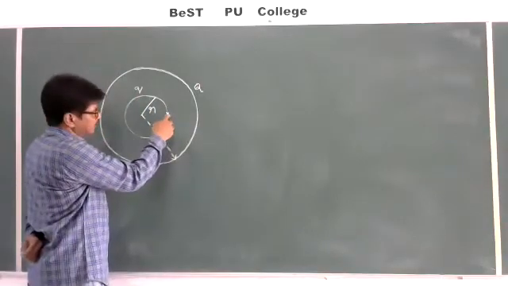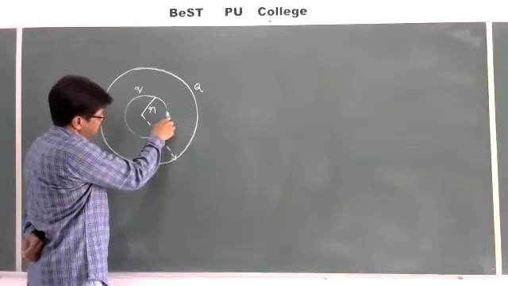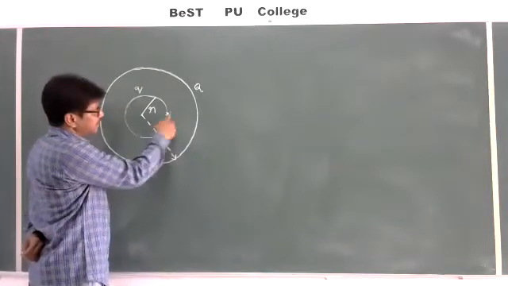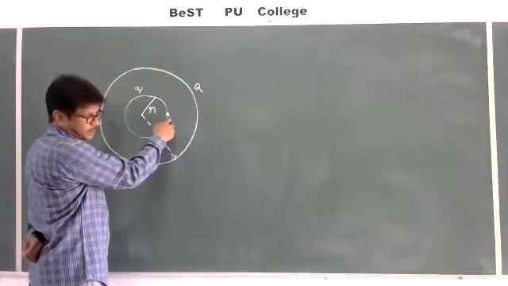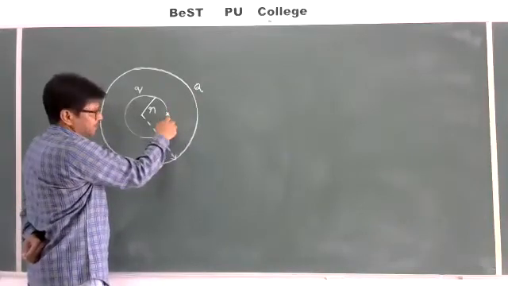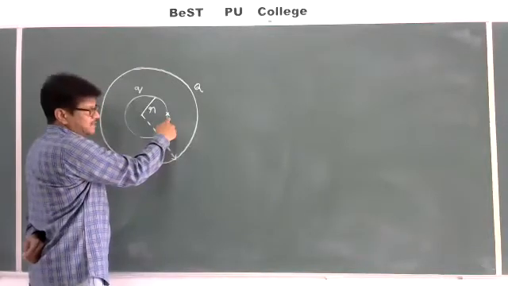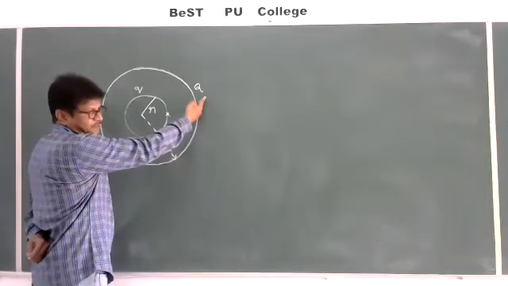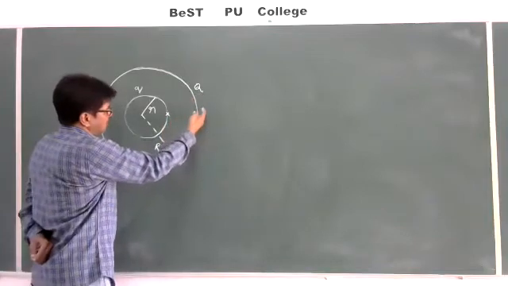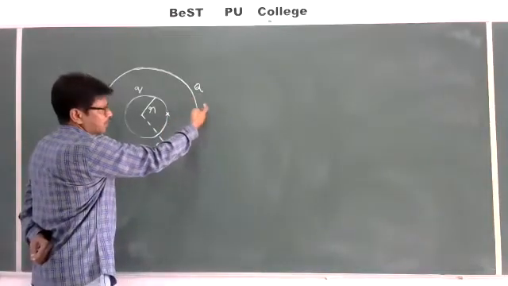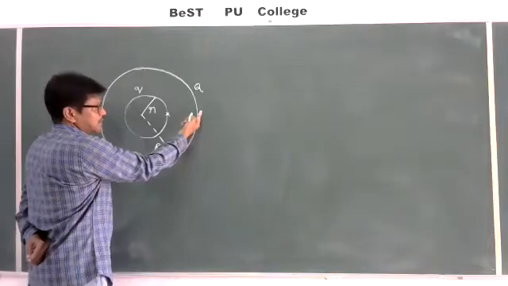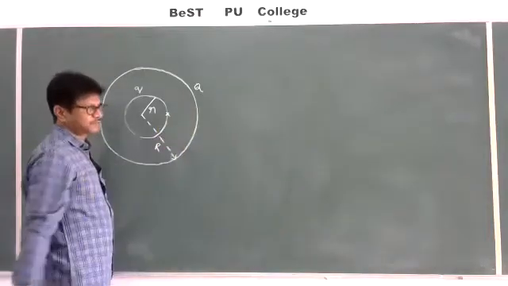But this point is inside the sphere, and the potential inside the sphere is constant and the same as that on the surface. How much potential will be there on the surface of the outer sphere? The same potential will be there here also.